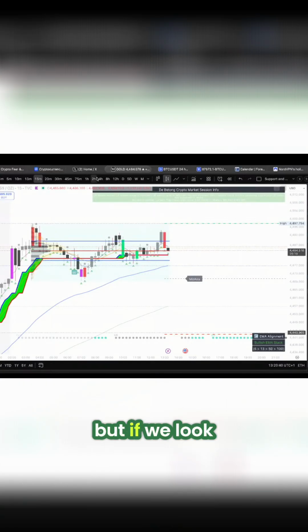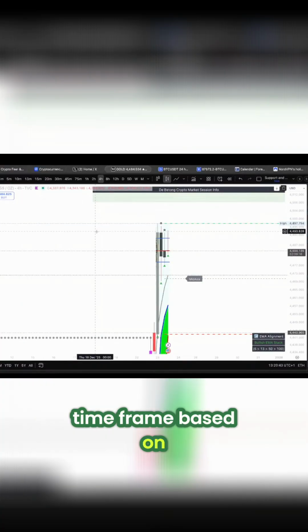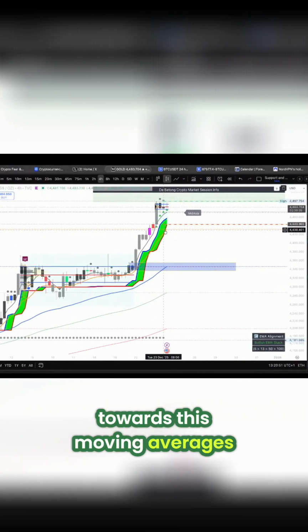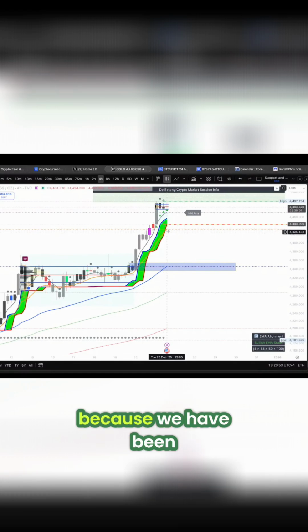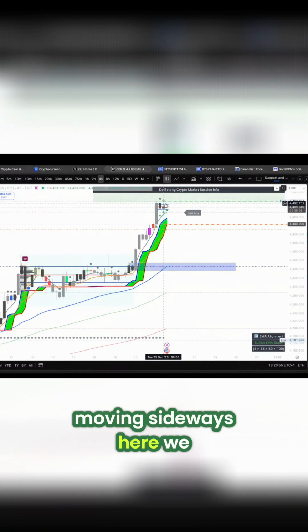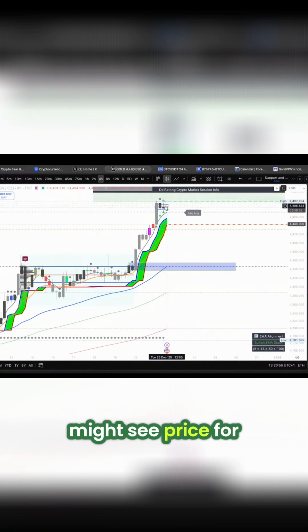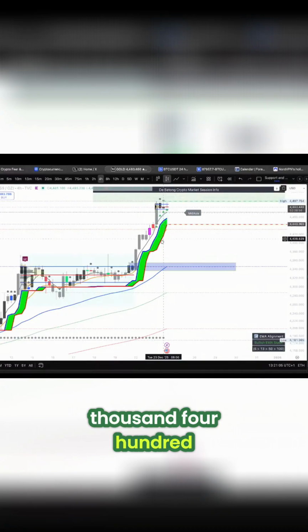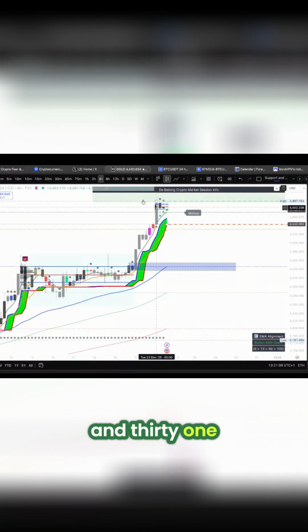But if we look at the 4 hours time frame, based on what I mentioned, price at least cooling down towards these moving averages, because we have been moving sideways here, we might see the price of gold drop a little bit down to 4,400, or let's say the 4,431 price point.